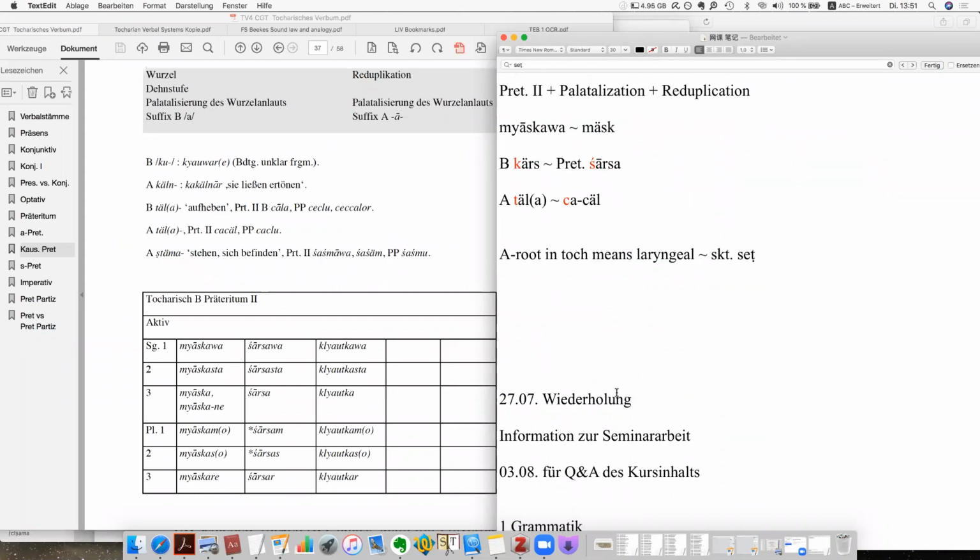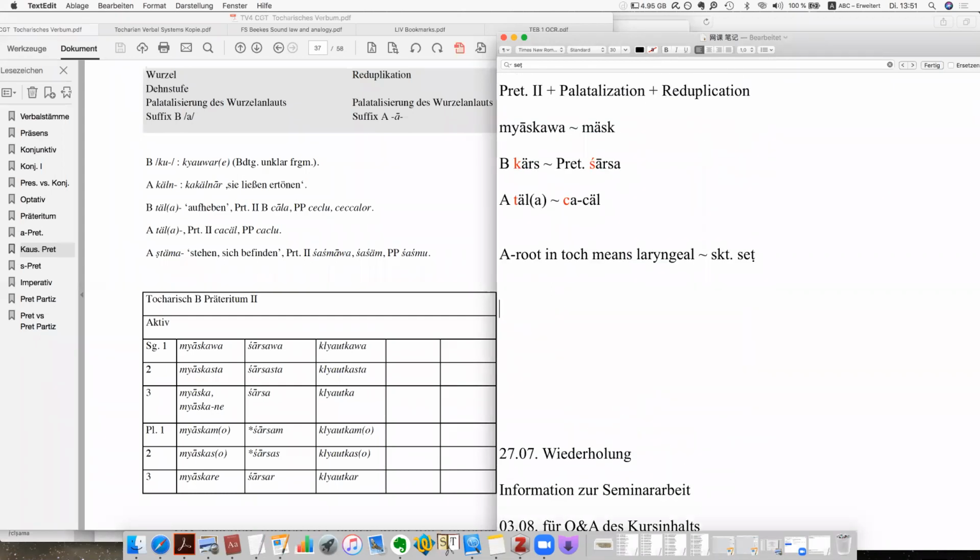So this is basically the synchronic grammar. As you probably remember, we talk about first synchronic, and then we talk about diachronic. So how can we explain this? How can we explain the form here?